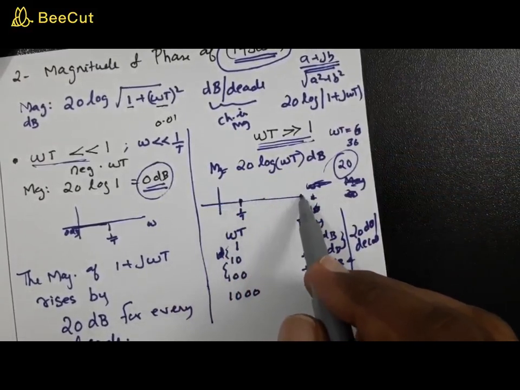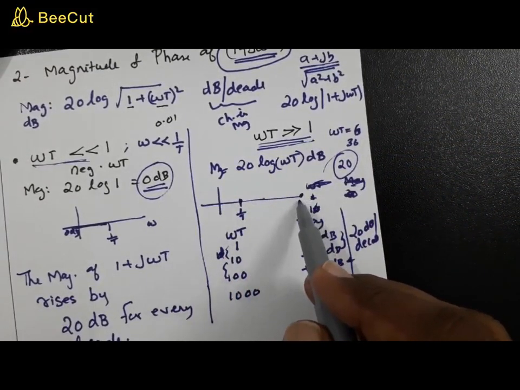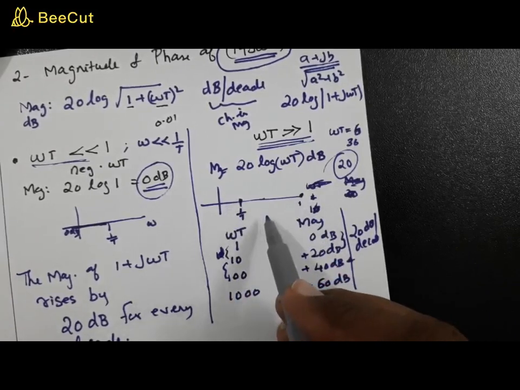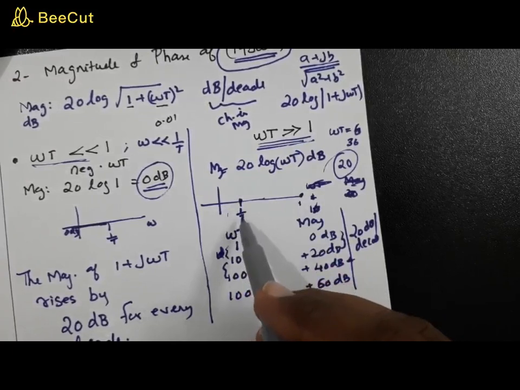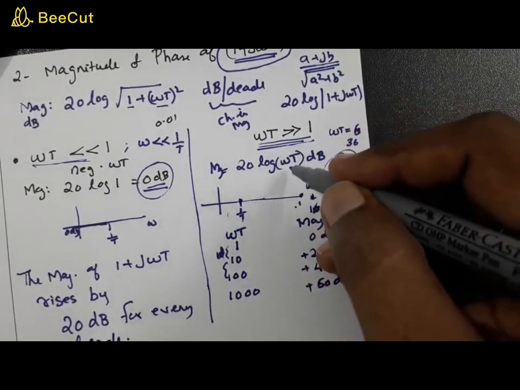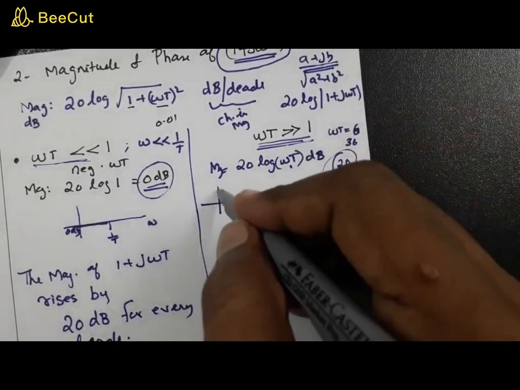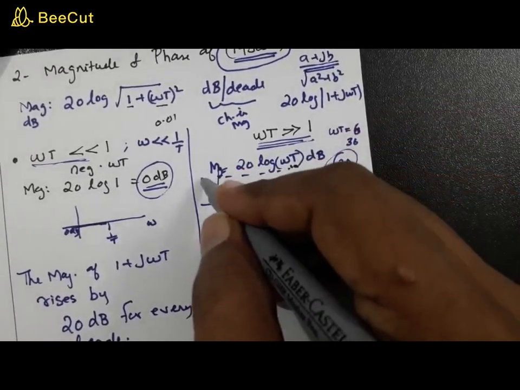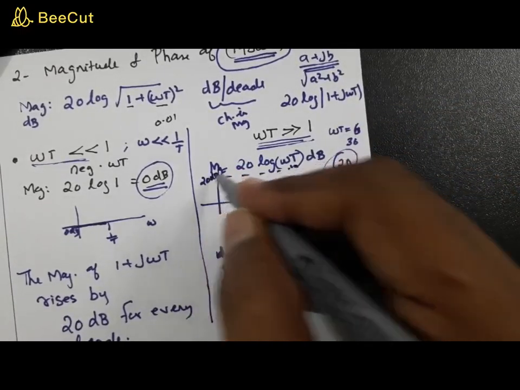Now assume that you have another decade. The decade point is somewhere here. That is the multiple, the 10 omega. Say for example, this is your 10 omega and this is your 100 omega. So when it reaches this value it will be 20 decibel per decade, right?